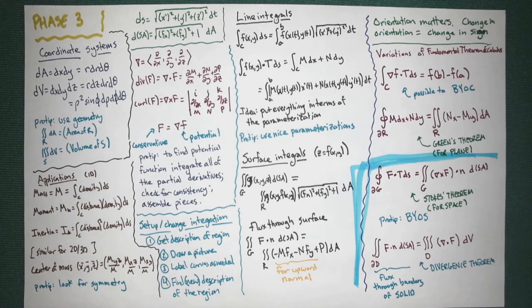But if they weren't, you say, that's no problem. I can find it for myself. What I can do is look at the pieces of F. The pieces of F are partial derivatives. And I start integrating them, check for consistency, and put them all together.